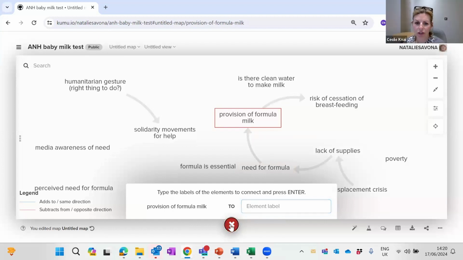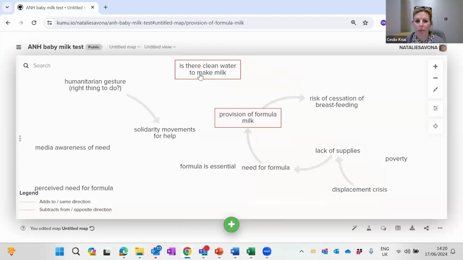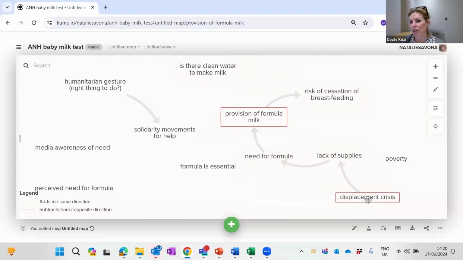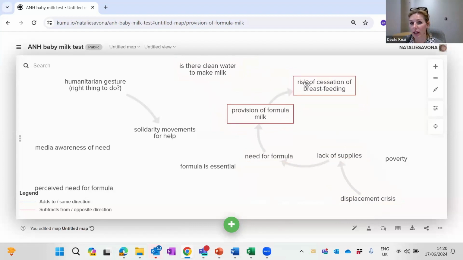Can I ask a question related to that? The message here is that provision of formula milk is increasing the risk of cessation of breastfeeding. How do we illustrate that? Is it through a dotted line to say decreasing the risk of?